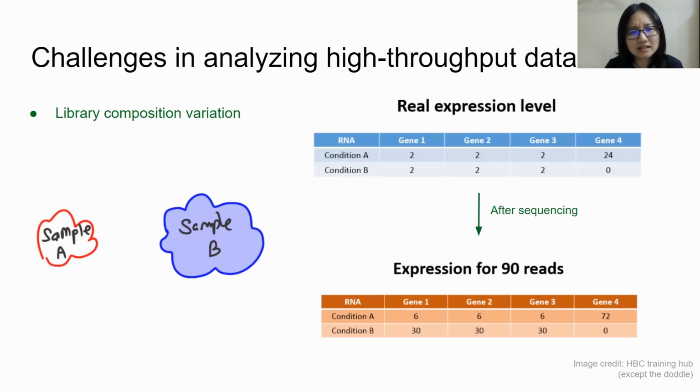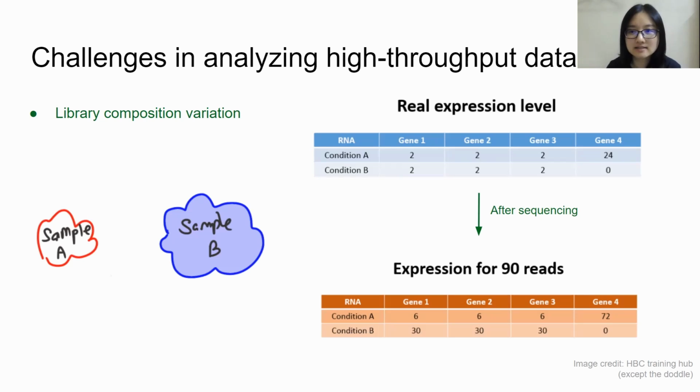And the other one is the library composition variation. So for example, in samples A and B, both of them have similar expression for gene 1, 2, 3. However, gene 4 is only present in sample A but not in sample B. So when they go through similar sequencing depth, let's say 90 reads, because condition B does not have gene 4, the 90 reads are all distributed evenly to genes 1, 2, 3.